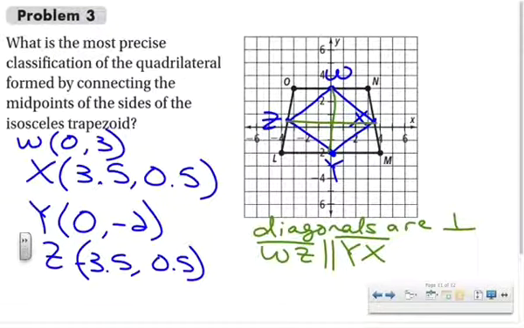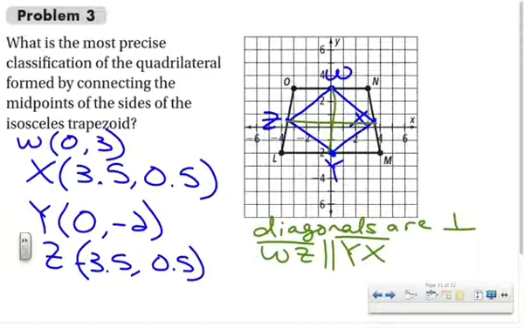But here's my question to you. In order for this to be a square, the adjacent lines would have to be opposite reciprocals. Did you happen to notice whether they were? Let me say it again. From Z to W, notice our rise, notice our run.